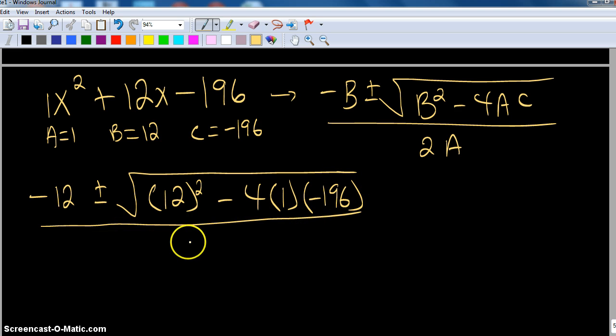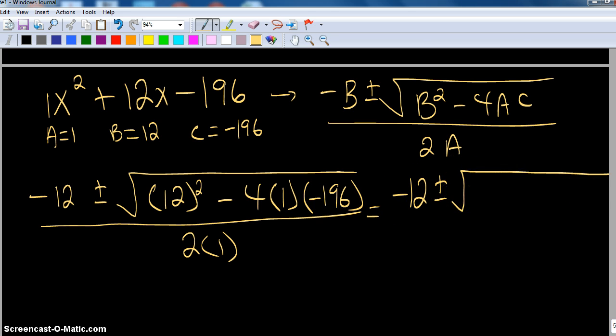All of that divided by 2 times a, which is 1. I'm going to clean it up a little bit. It's still negative 12 plus or minus. I'm going to clean this part up right here. 12 squared is 144 minus.